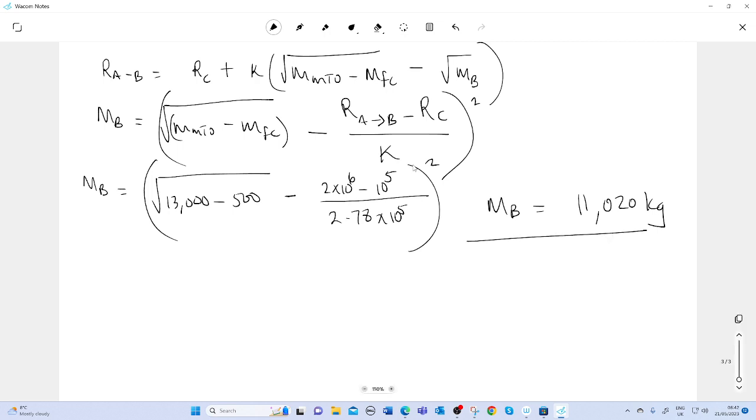Now, to find the range B to A, that is the distance covered while the aircraft is returning back to the initial airport, which is A, our equation becomes the K constant of the Breguet equation multiplied by the root of MB minus the payload.